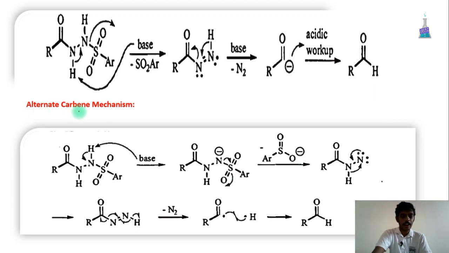This is the alternate carbene mechanism. Here the carbene is generated. Here the base abstracts this proton. After that, this moves over here, forming the negative charge on the nitrogen. After that, this group eliminates, that is ArSO minus, forming this product.